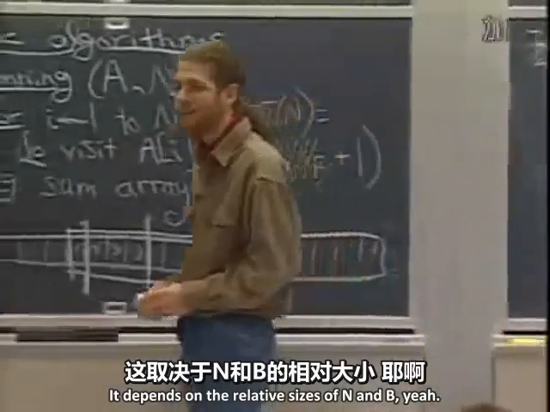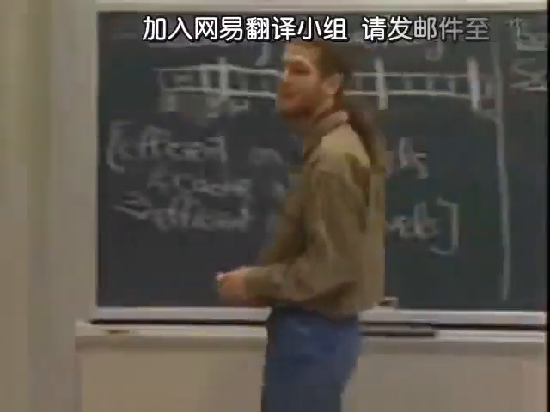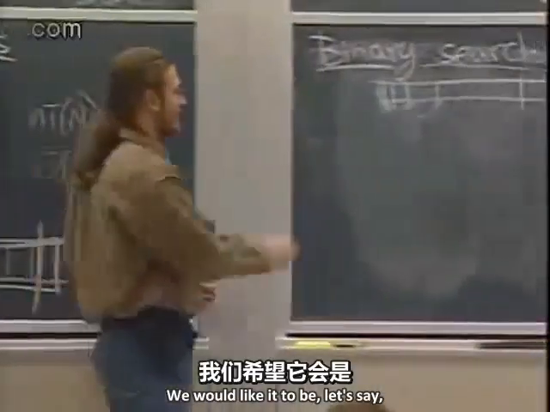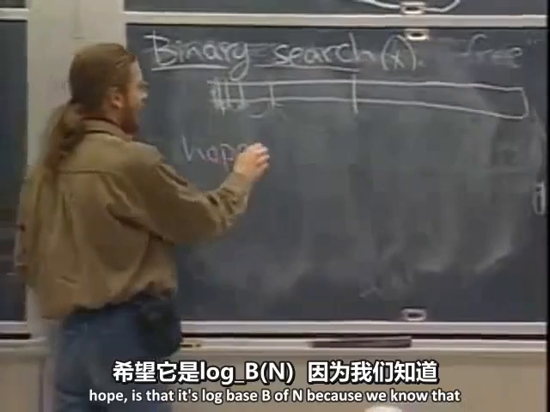Depends on the relative sizes of n and B. Is it log base B of n? Log base B of n would be a good guess. We would like it to be, let's say hope, is that it's log base B of n.